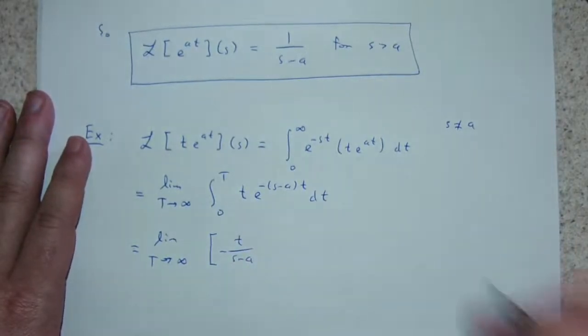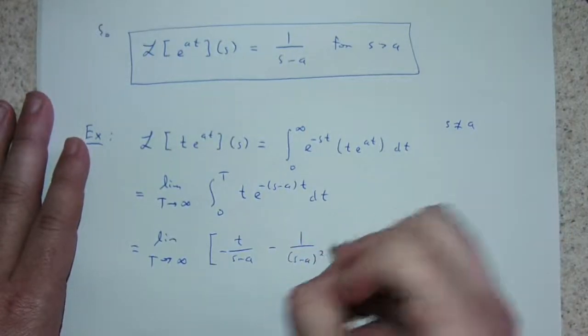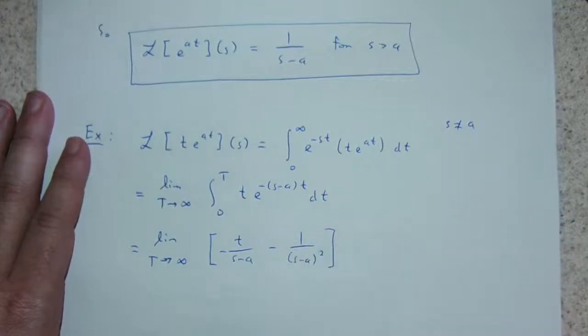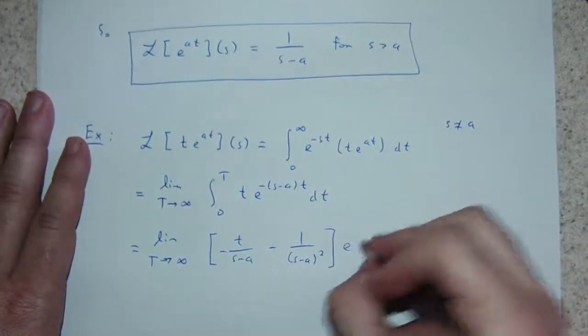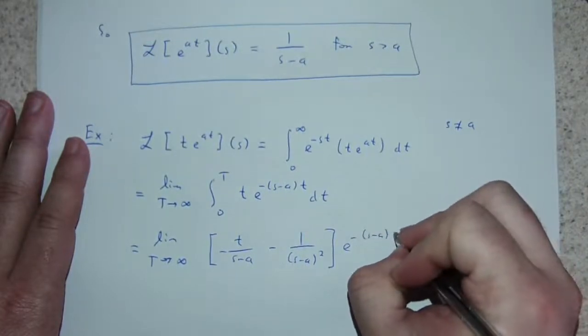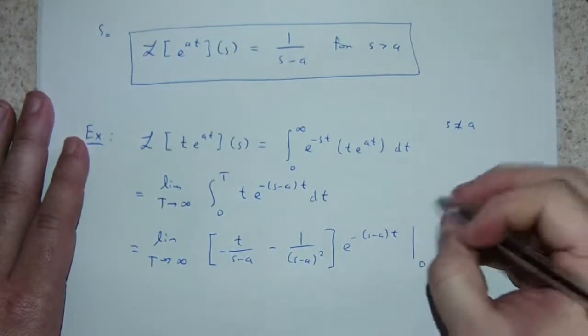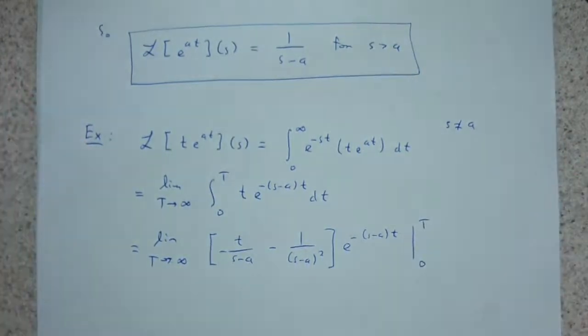Okay. Minus 1 over s minus a squared coming from that second integral. And in both cases, both terms have a factor e to the minus s minus a times t in common, and I can factor it out. And this is evaluated from 0 to big T.